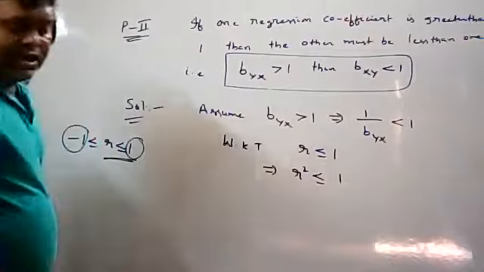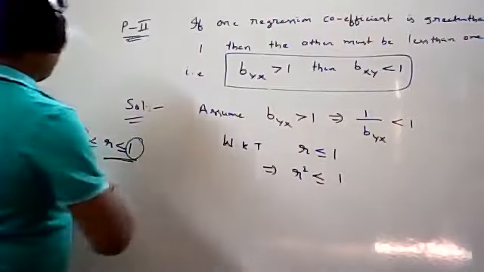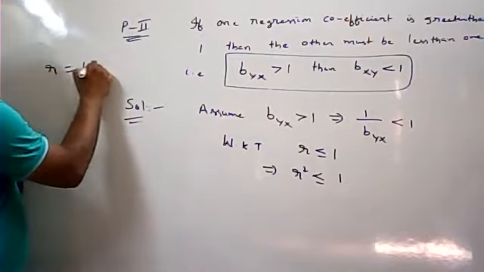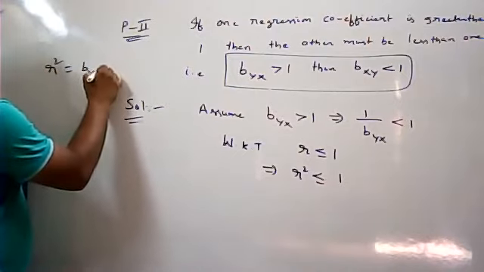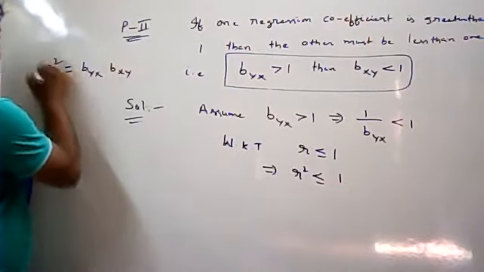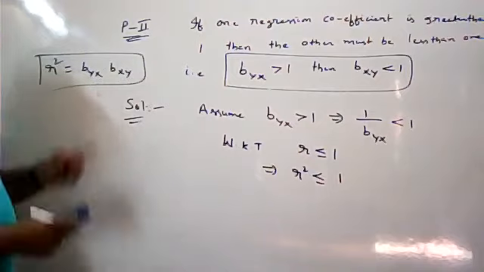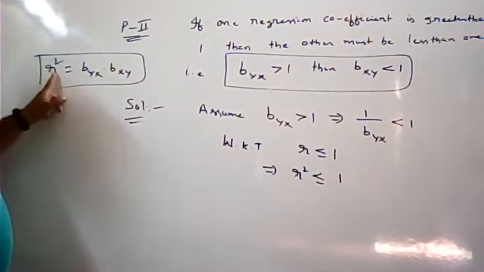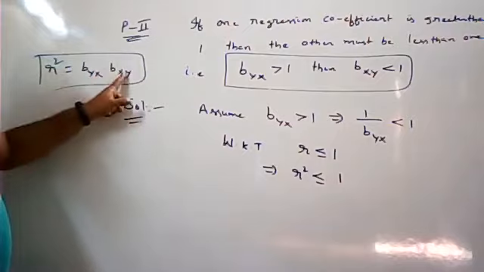Now I have already proved the first property. From the first property, what did you get? You got r square equal to byx into bxy. Regression coefficients, if you multiply, you will get r square. So r square is nothing but byx into bxy.